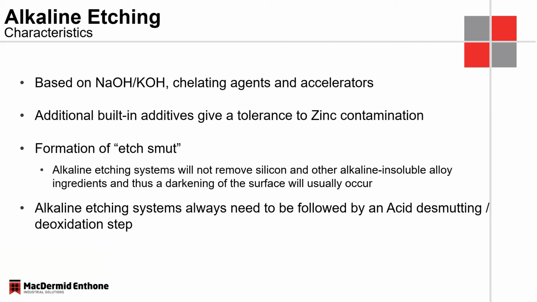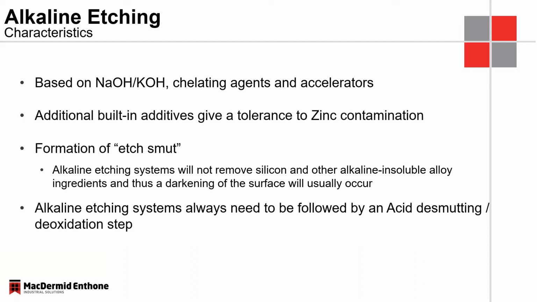One of the downsides from an alkaline etch is that it will actually form etch smut. And I touched on that before. The alkaline etches are very selective. They will attack the aluminum predominantly and leave the alloying components such as copper and silicon left on the surface.